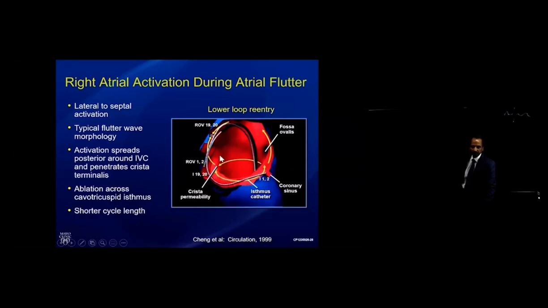So it's possible to get a flutter that goes around like this. Now, if you ablate the cavo-tricuspid isthmus, this flutter also goes away. That's why we don't really make a distinction between this and cavo-tricuspid isthmus peritricuspid valve flutter.